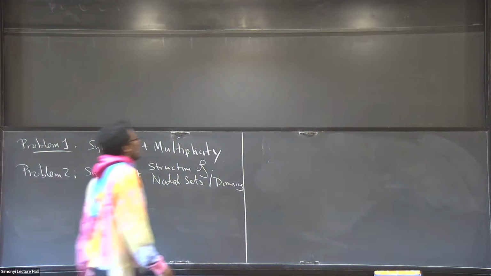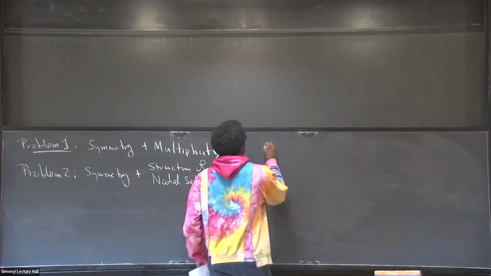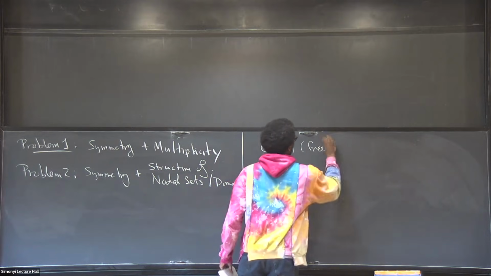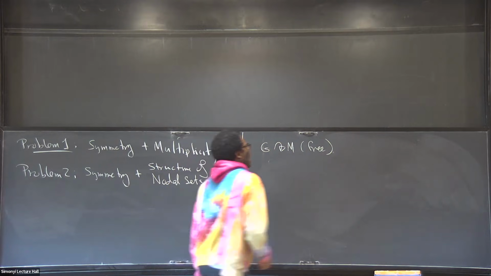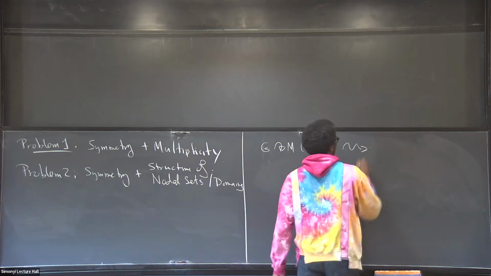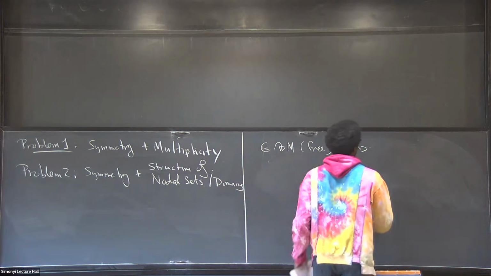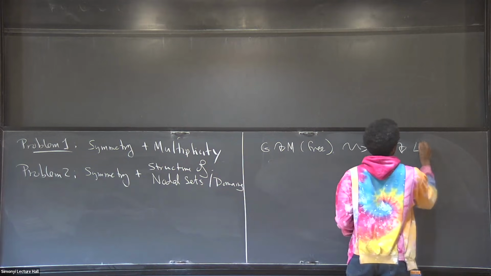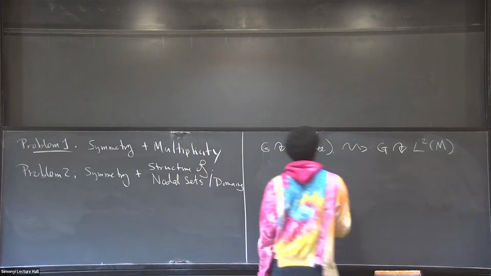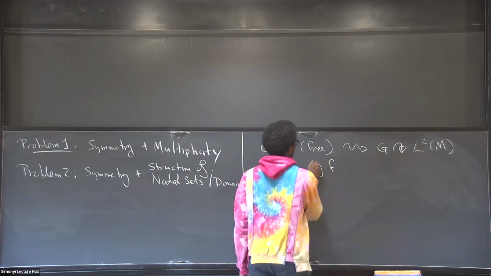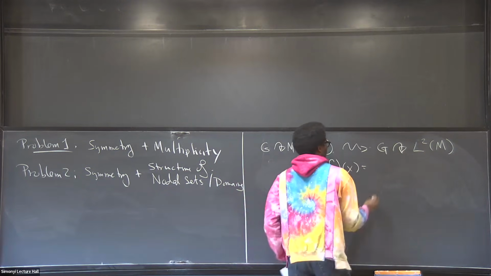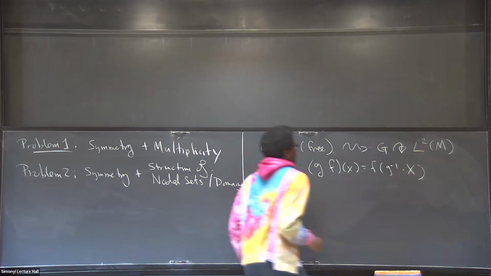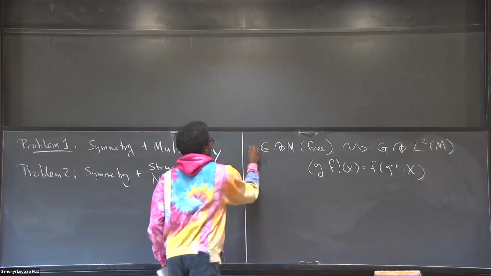Okay, we'll start with the first one. If I have a group G acting on M, and let's suppose this action is free, that gives rise to what's known as the regular representation. It gives us an action of this group on L^2(M), where (g·f)(x) = f(g^{-1}·x).